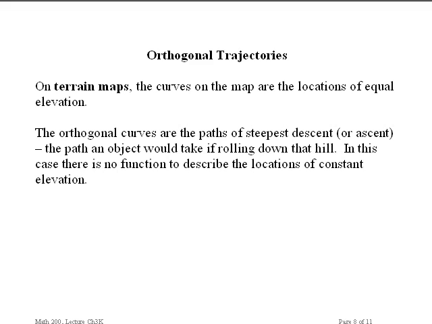Curves that are orthogonal to the equal elevation marks would be the paths of steepest descent. So if you were on some kind of a mountain and it had a varying elevation, the fastest way down is to go perpendicular to the curves of equal elevation.